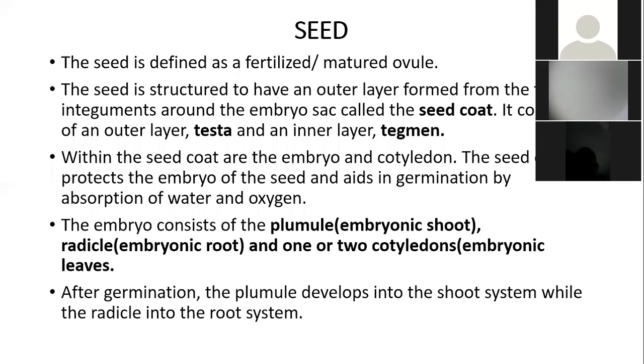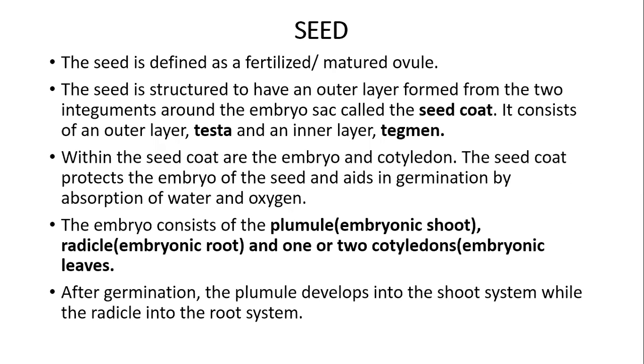Now, after germination, as I made mention, the plumule develops into the shoot system, the radicle into the root system, then the embryonic leaves into the leaves.